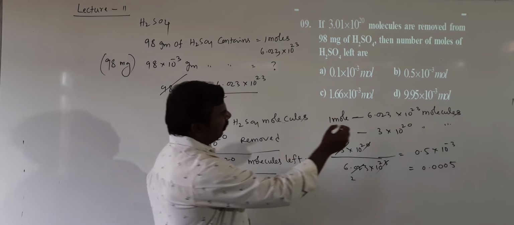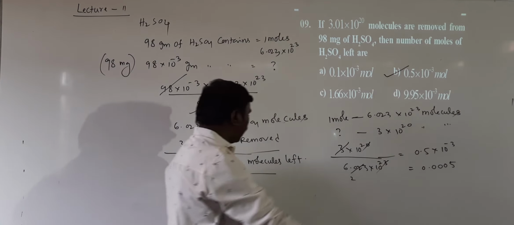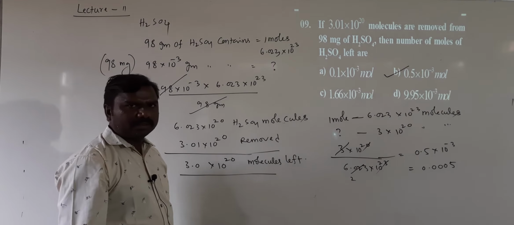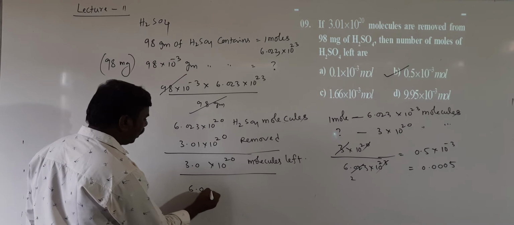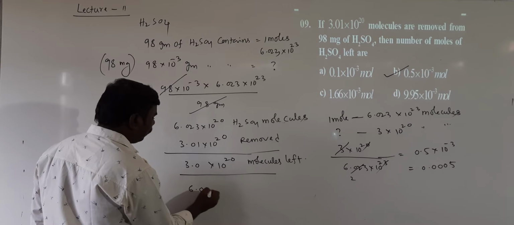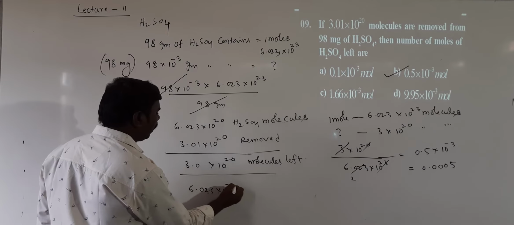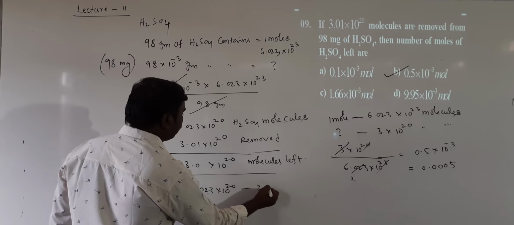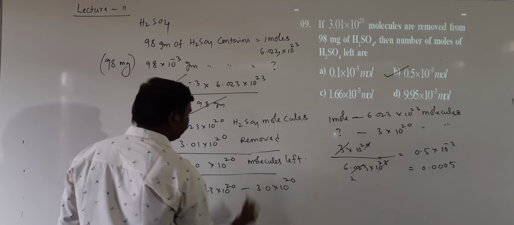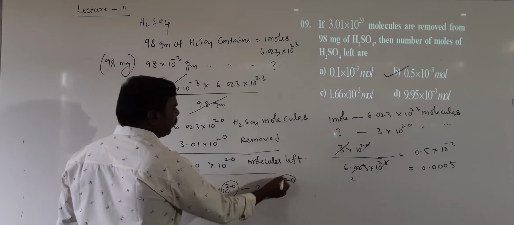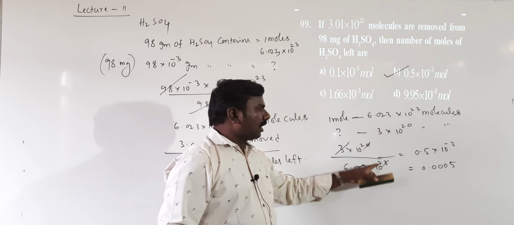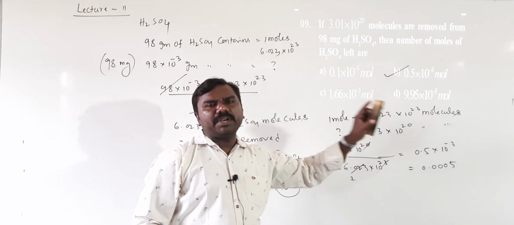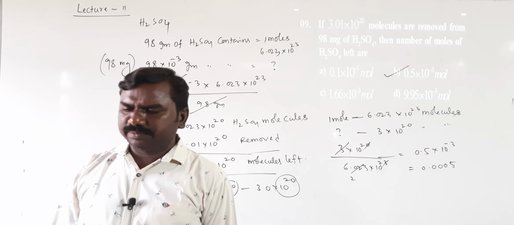Okay, understood? You can take this step like this: 6.023 into 10 to the power of 20 minus 3.0 into 10 to the power of 20. 10 to the power of 20 is a common term. Directly I have taken this answer. This is converted into moles, 0.5 into 10 to the power of minus 3, that is.